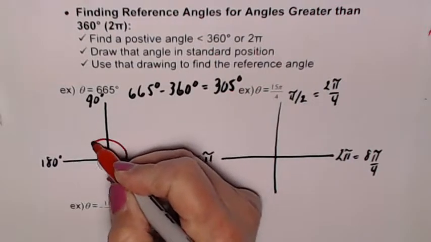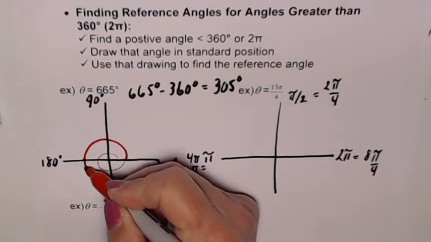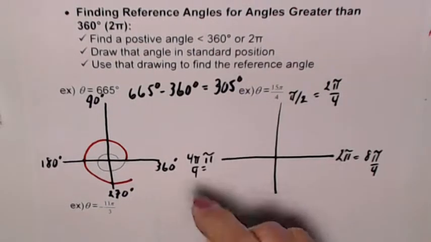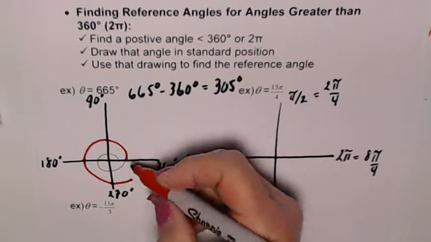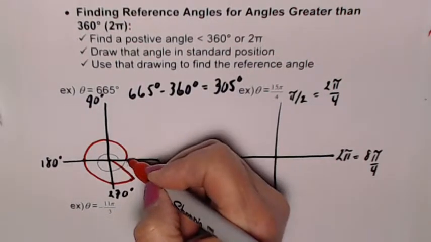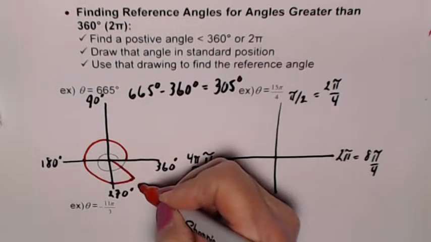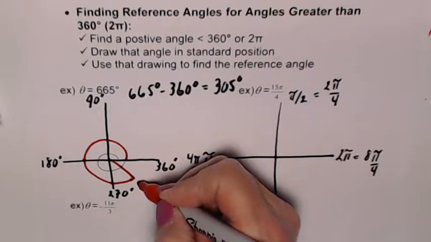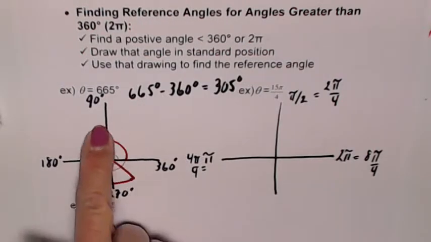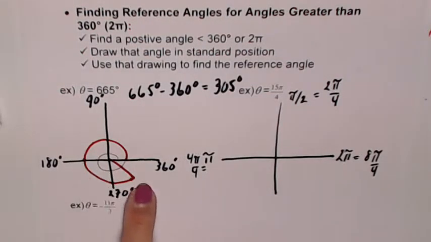So we go here to 180, we go here to 270, and then we continue to go here. 305 is less than the 360, so we're going to end up here. So this angle here, it's not our theta because we're ignoring that complete revolution, but this is the angle we're going to be considering, this 305 degree angle, for purposes of finding our reference angle.